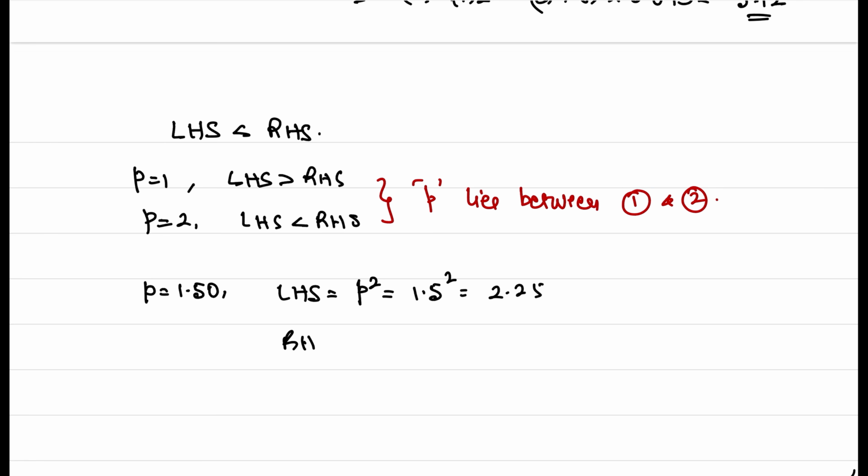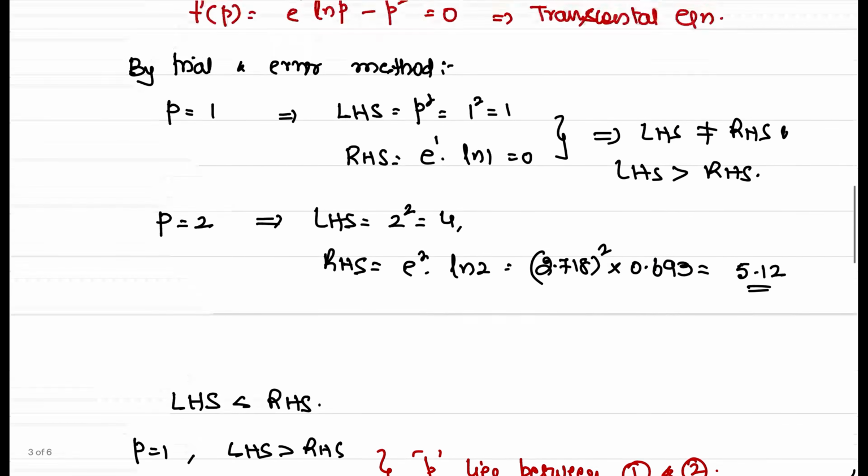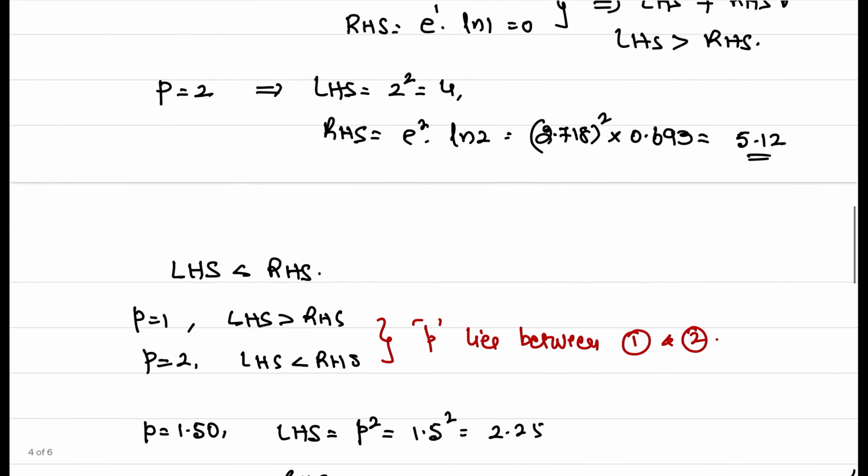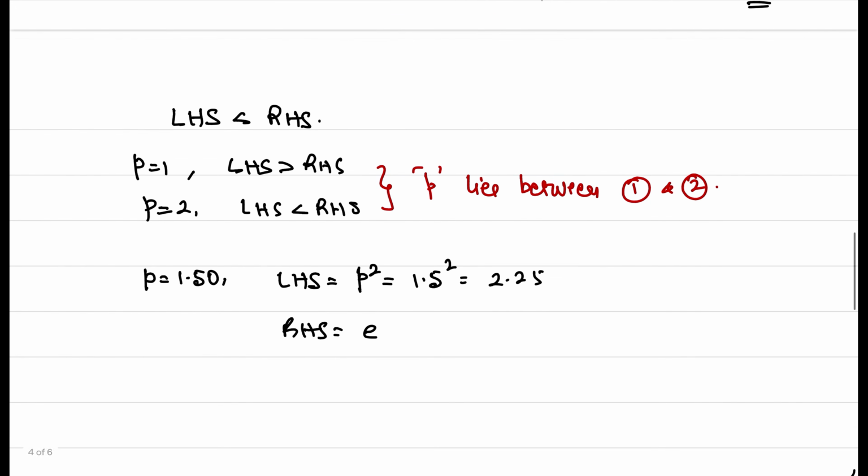What is the right hand side? E to the power of P into ln P. That is equal to 2.718 to the power of 1.5. That is 2.718 into square root of 2.718, into ln 1.5.